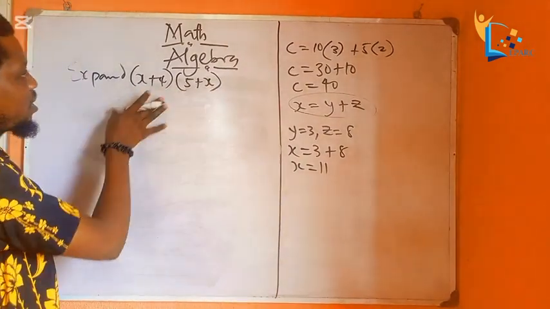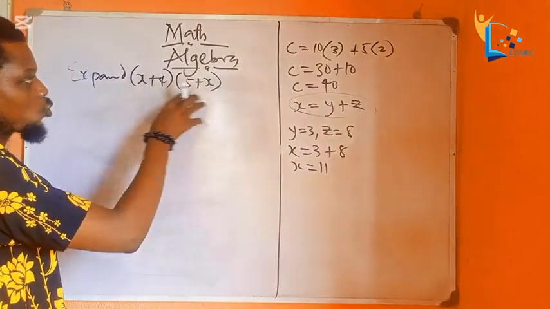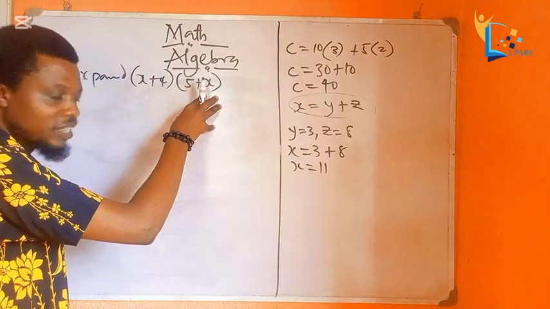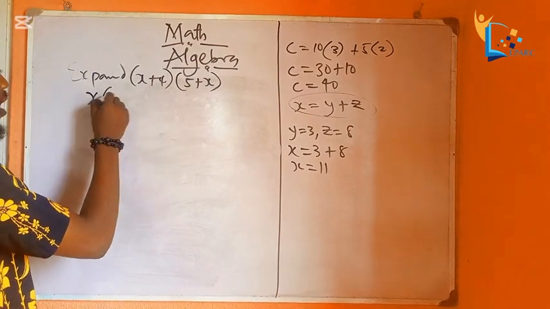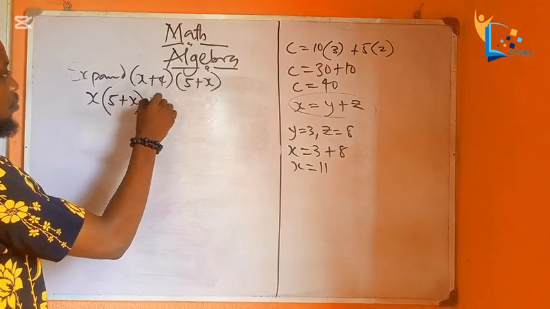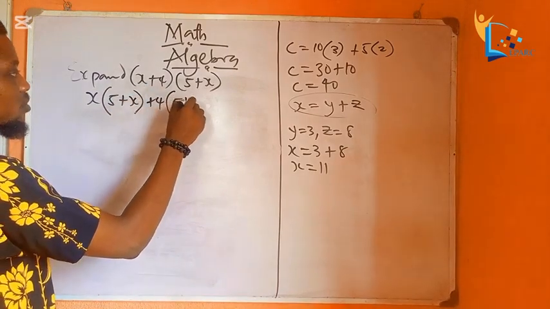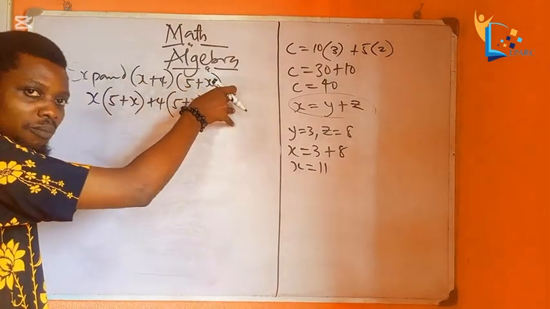In this case, you will use what you have in the first bracket to open up the second bracket. This is what we mean: x, open bracket, 5 plus x, close the bracket, plus 4, open bracket, 5 plus x.